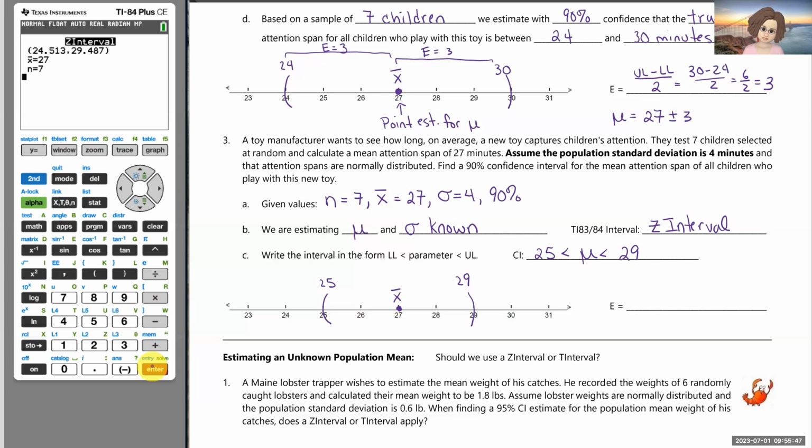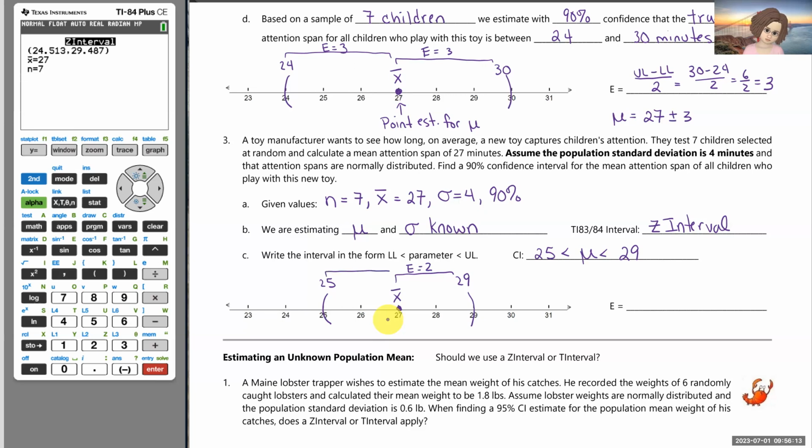So what's happening now is we still have a 90% confidence interval, but the margin of error is smaller. So essentially, because we know something about our population, it allows us to have confidence intervals that are more accurate, so smaller margin of error. So the quickest way to do this one here is just to say that distance again, 29 minus 27.